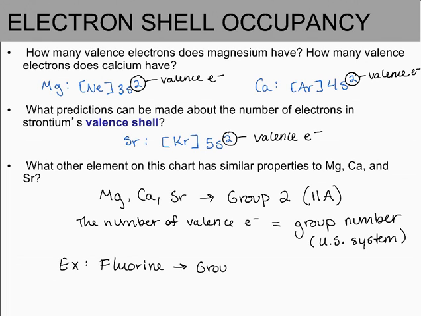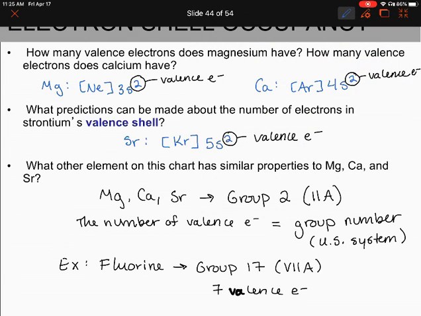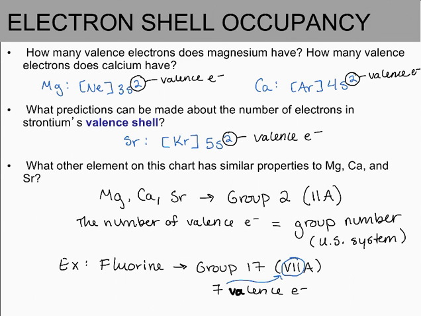Fluorine is in group 17 or 7A, and it has 7 valence electrons. So we're really looking at that US system or the Roman numeral. So that's a super easy way to determine how many valence electrons an element has. Just look at the group number in Roman numerals, and that will tell you the number of valence electrons.